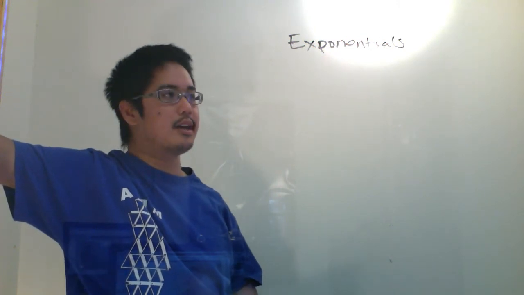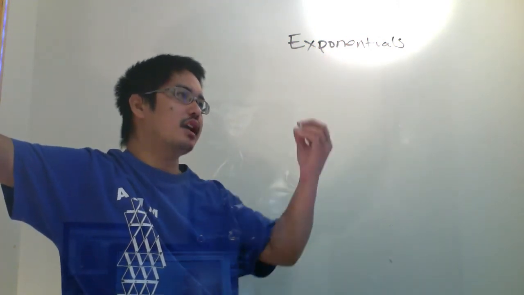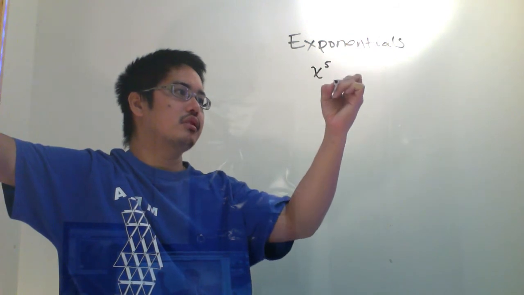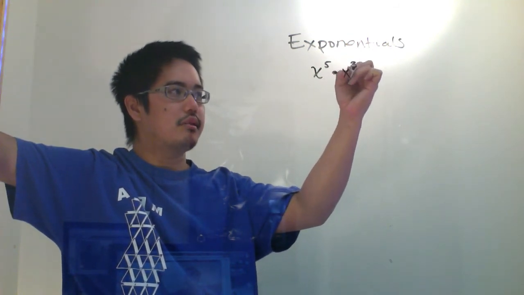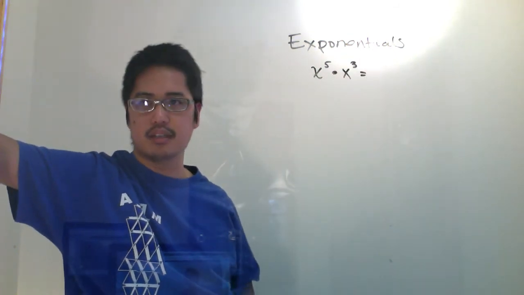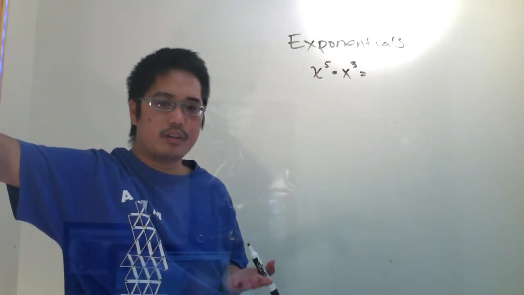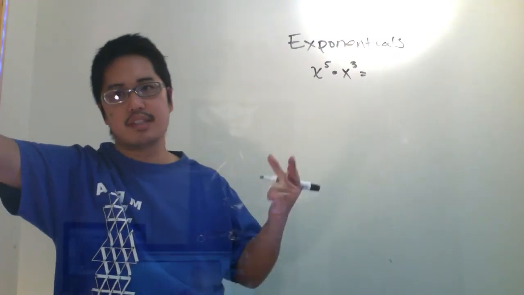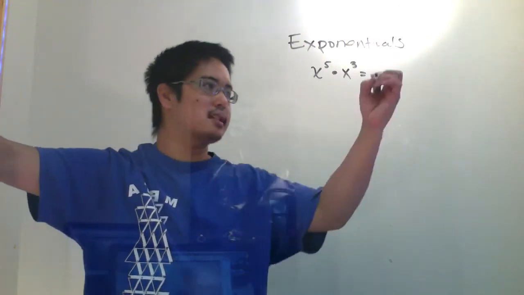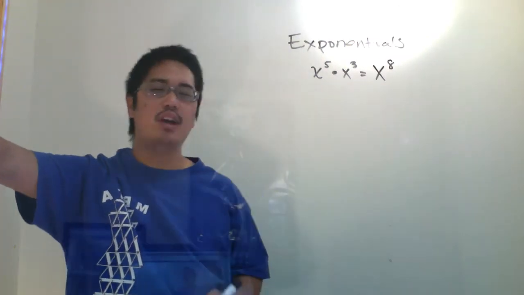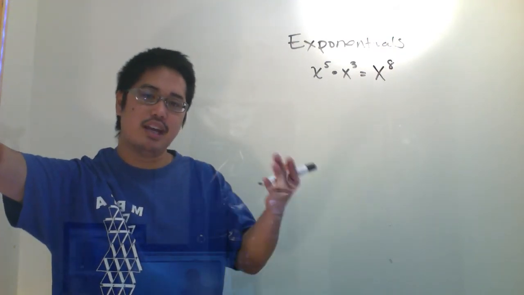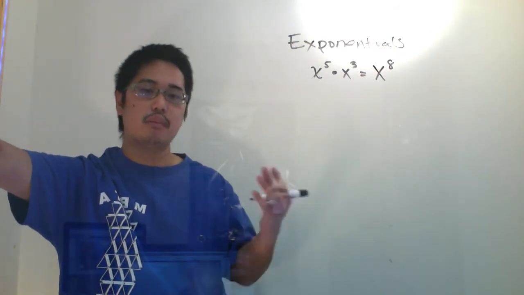Alright, so exponents. If I have something like x to the 5th power times x to the 3rd power, that's equal to what? Elijah's already got it: x to the 8th power, exactly. If you have the same base but different exponents, you can just add the exponents.